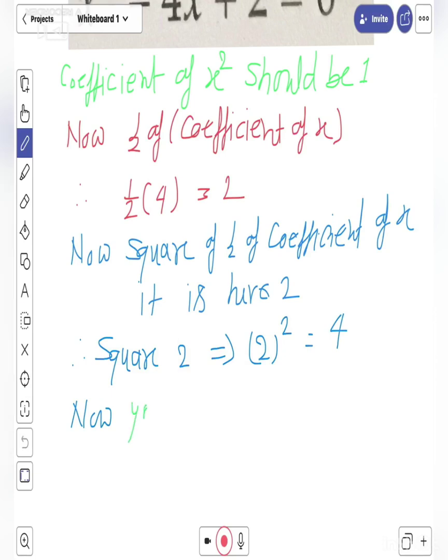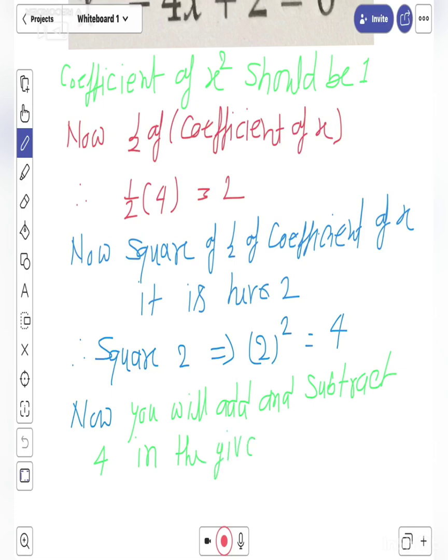Now what to do after this? Now you will add and subtract 4 in the given equation.